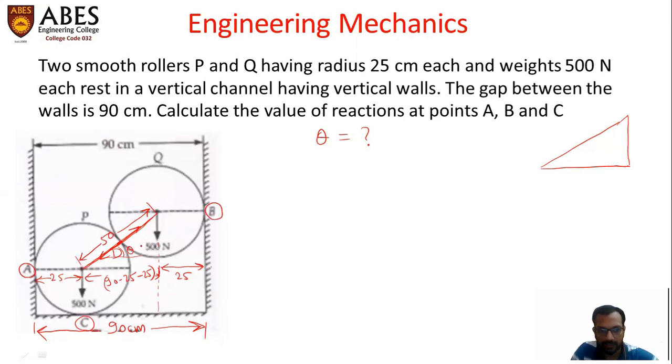In this right angled triangle, the base is 90 minus 25 minus 25, and the hypotenuse is 50. Using these two dimensions, we can calculate this internal angle. Previously we showed this angle as theta, so let's mark it as theta.